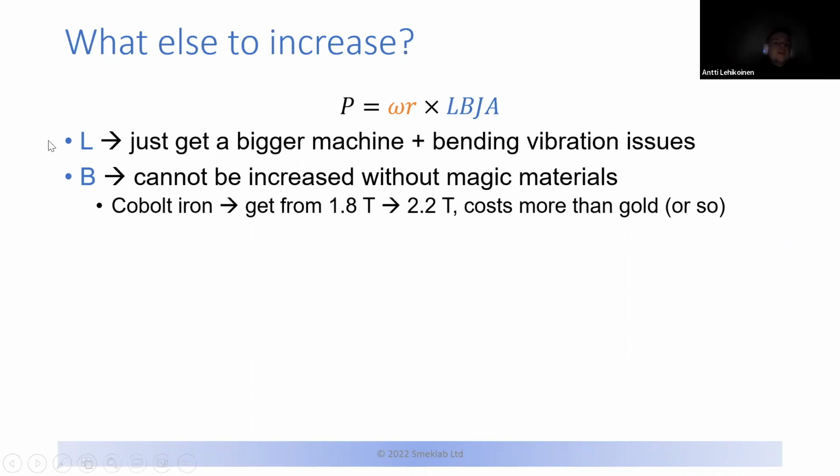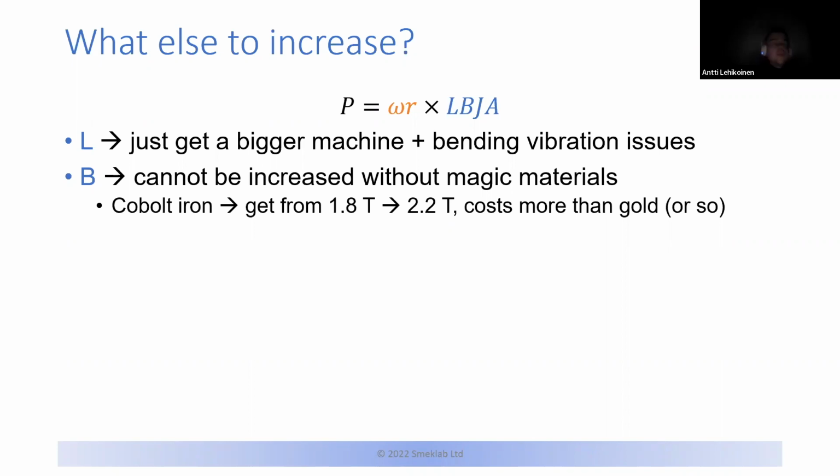For instance, if we increase the length of the machine, well, we have a longer machine and that's it. It's a bigger machine. We increased its power, but we increased its weight or mass by pretty much the same factor, and we didn't do anything in its efficiency.